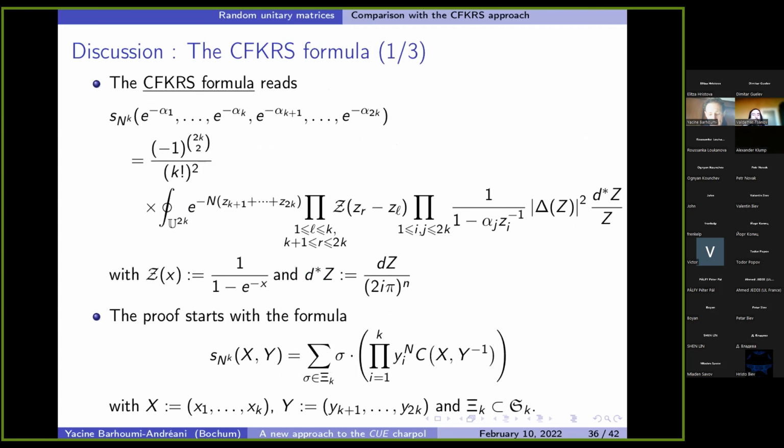Now, what are CFKRS doing? So you see, they also have a formula for Schur functions, but it is a very complicated formula. There is a kind of Cauchy product here. This is not a symmetric function because they have a term which is not symmetric. So why do they have this? It's because they start by desymmetrizing a formula for Schur functions. They sum over permutations in a certain subset of the symmetric group that differentiates between the first k coordinates and the last k coordinates.